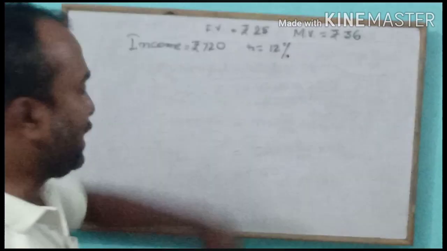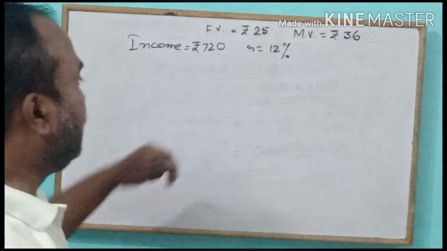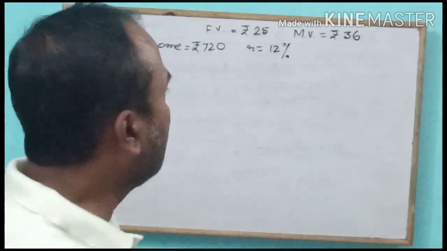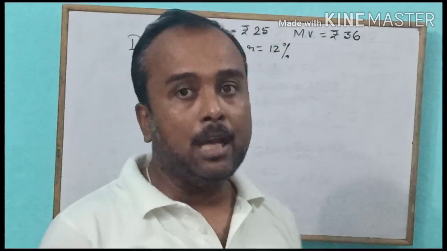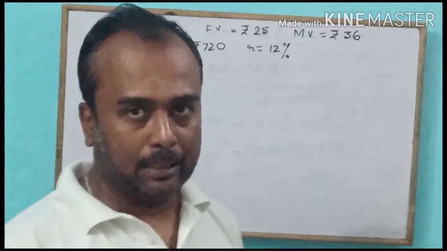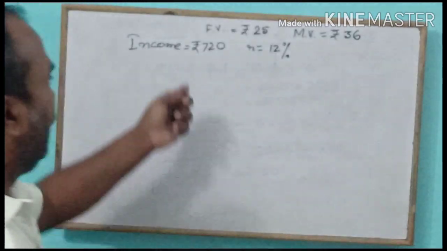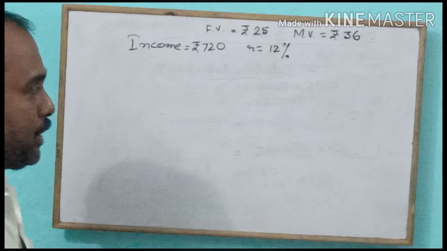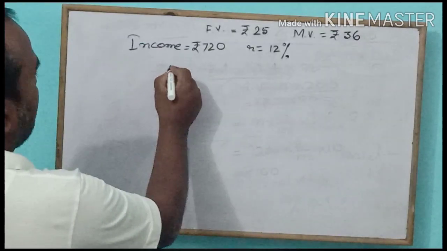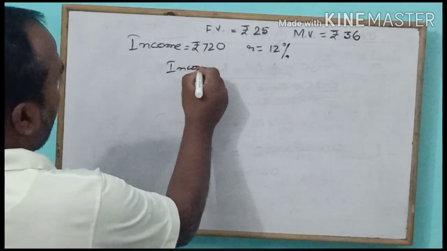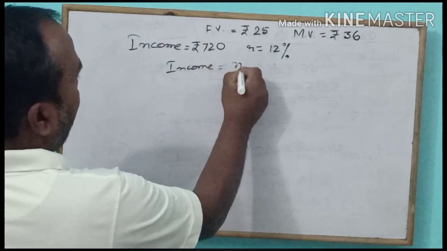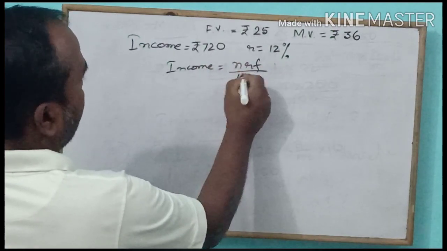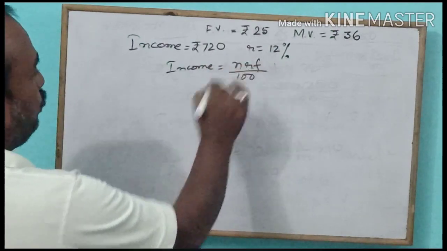What is the number of shares and what should be the investment to get such an income? And one more is what is the percentage return? About that term I shall tell you shortly. Well, first of all, how to find the number of shares? We are given income. We know income is equal to N into R into F by 100. Number of shares into rate of dividend into face value.